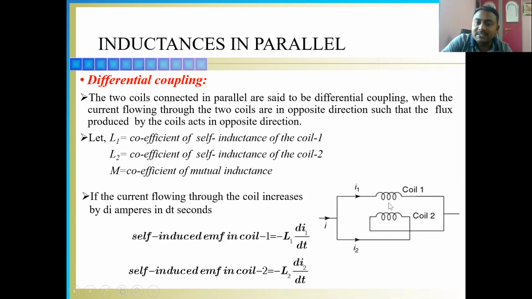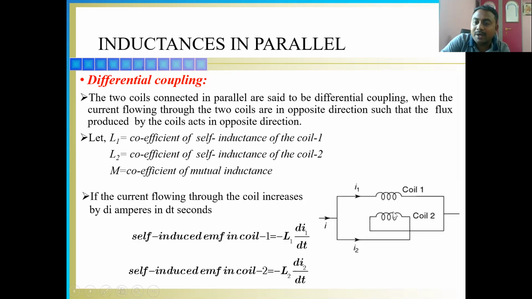Okay, so in this case, as I said, the self-induced EMF of coil 1 is minus L1 di1/dt, and of coil 2 is minus L2 di2/dt, and the mutual term of coil 1 is M di1/dt, of coil 2 is M di2/dt. Okay, so we know that as per the dot convention, what should be the sign of the mutual inductance? The total induced EMF of coil 1 is minus L1 di1/dt.